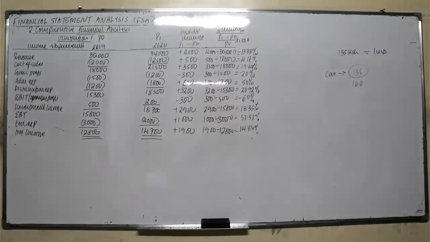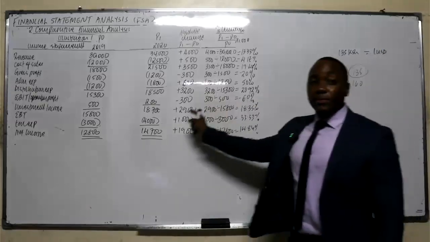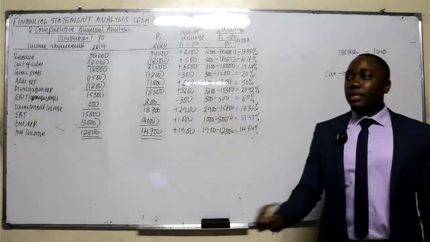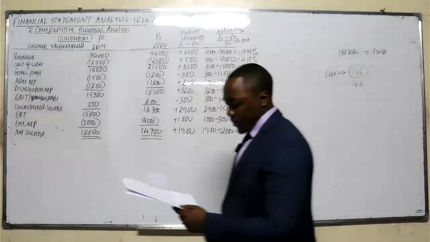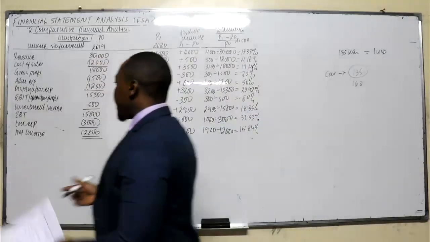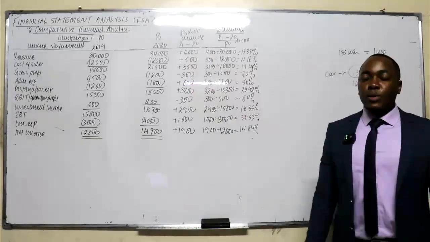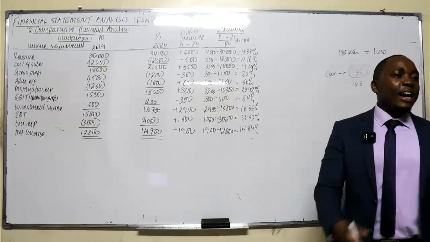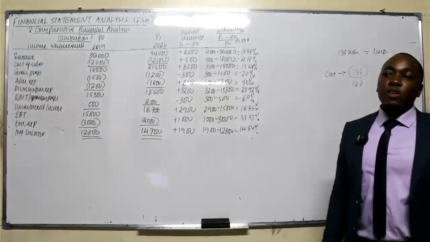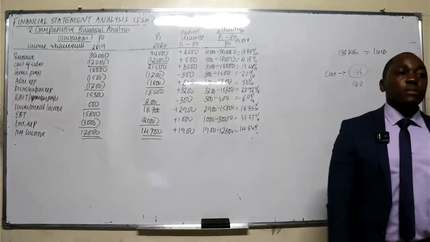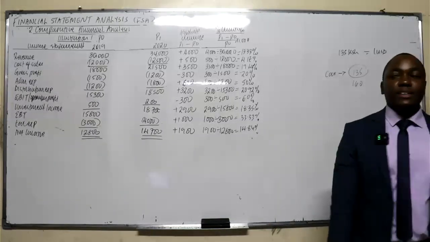Location is not part of quantitative, it's part of qualitative. Ratio ignores that. Good. And also, in case it's a monopolistic company, that means it doesn't have a competitor, so you cannot compare your company against another company. Also, ratios do not take into account the size of a company.